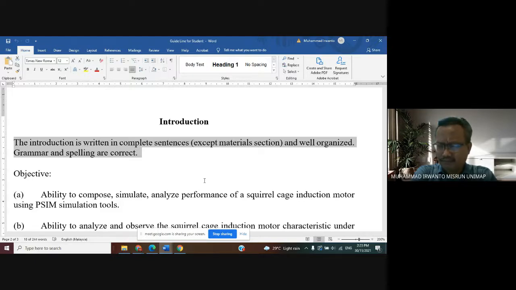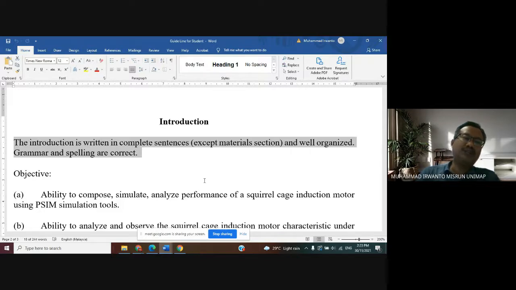Can also discuss the operation principles of the induction motor, especially for the squirrel cage induction motor, like this.